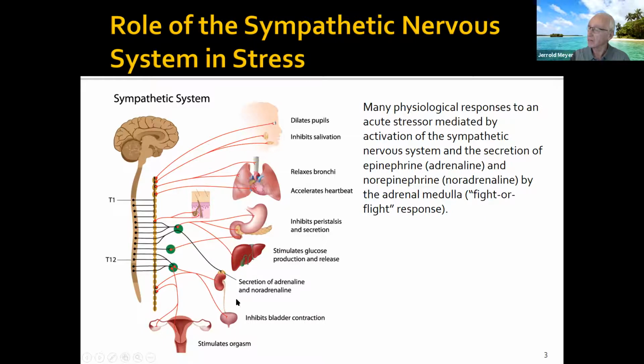And importantly, down here, an increase in release from the adrenal glands over here of epinephrine and norepinephrine, or adrenaline and noradrenaline. And if you heard the term, you probably did at some point in school or in the popular press, the fight or flight response. This is what we're talking about, these rapid physiological reactions to an acute stressful event.